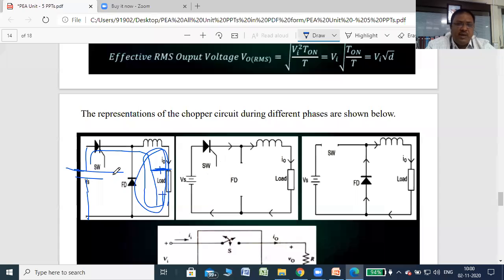So this is the circuitry. First condition what I explained to you: when the switch is on, that time current flows and stores the energy. When the switch is off, that time the current flows through the freewheeling diode. This is the ideal condition first, right? This is the switch on condition. So current flows from VS through the switch, then the inductive load, right?